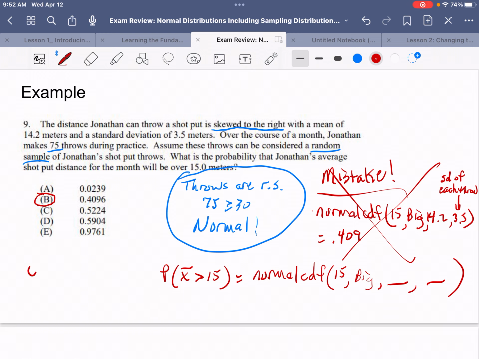So the mean of x bar is equal to mu. Well, that's still 14.2, so it was okay to put 14.2 right there. But here's the big deal. The standard deviation of x bar is equal to s over the square root of n. Well, that's 3.5 over the square root of 75 throws.